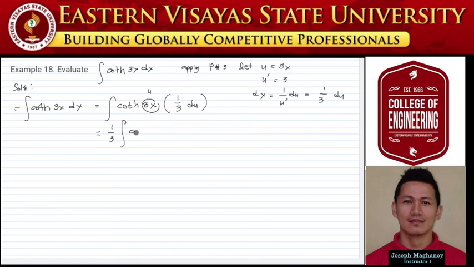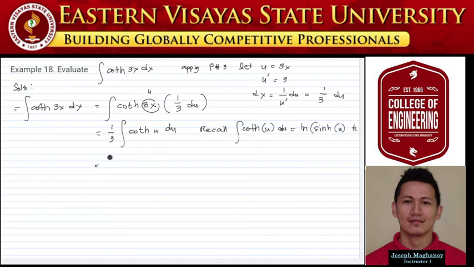So cotangent hyperbolic of u du. So we recall our formula: the integral of cotangent hyperbolic u du is equal to ln sine hyperbolic of your u plus c.